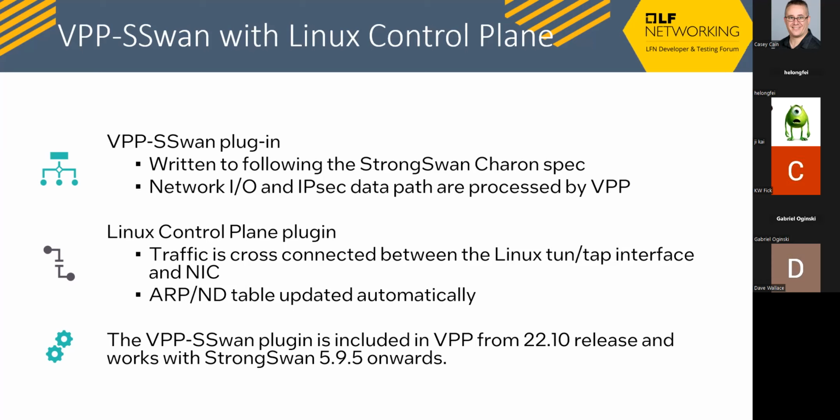Linux control plane, or Linux CP in short, is a VPP plugin that allows VPP to integrate into the Linux kernel. The idea behind Linux CP is to provide a mirrored interface pair between the VPP-owned network adapter and a tap interface linked between VPP and the Linux kernel, so that the network traffic is cross-connected between each other.